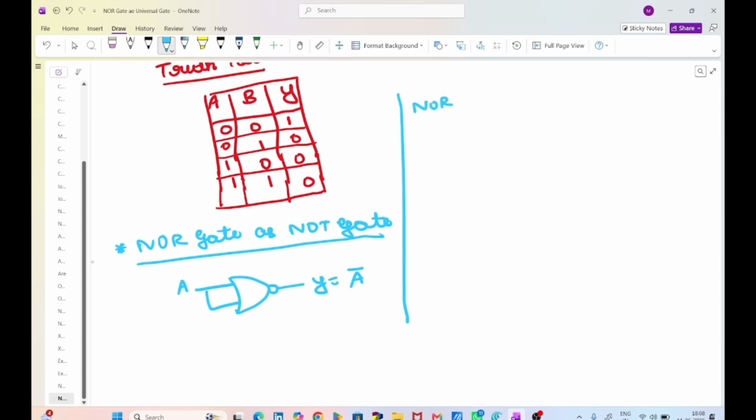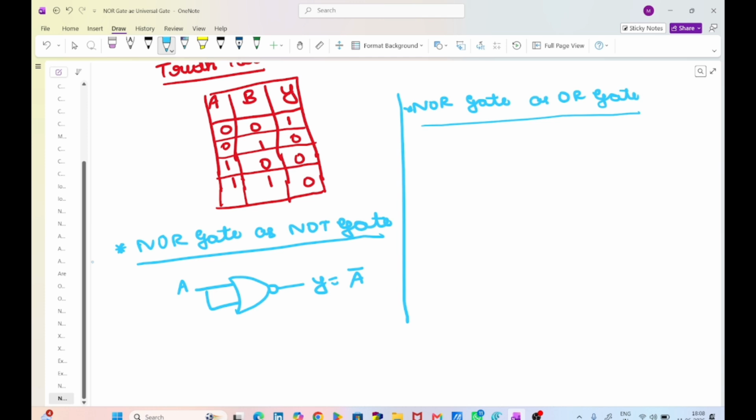NOR gate as OR gate. By simply putting an inverter, that means a NOT gate, to the NOR gate, we can easily implement the OR gate.